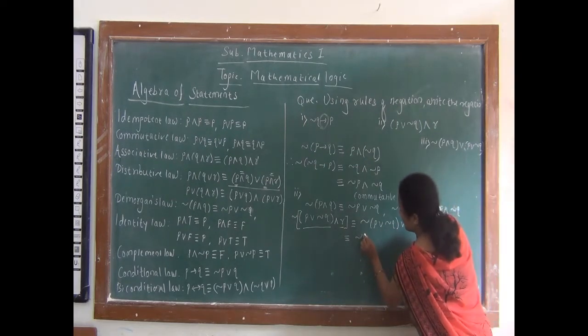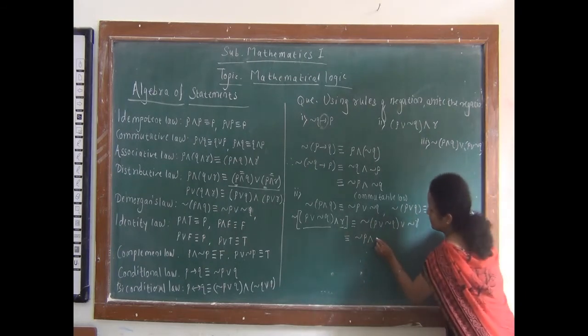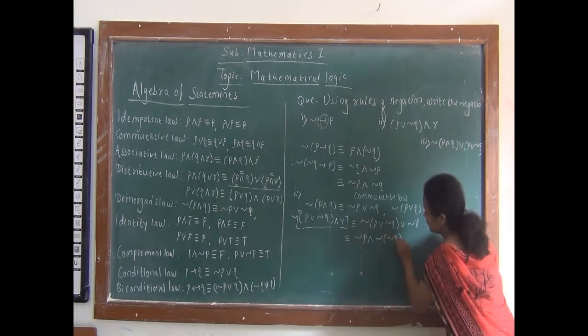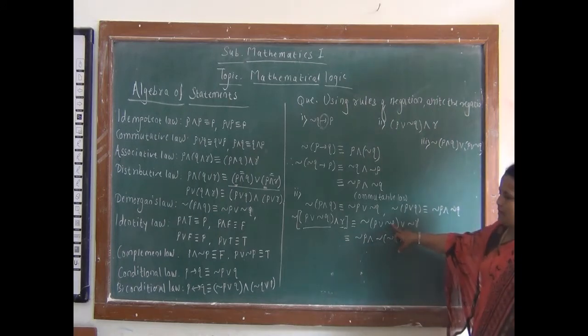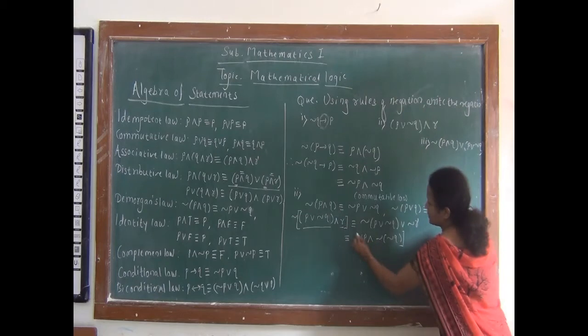So it becomes negation of P, or is replaced by and, negation of negation Q, that is, negation of the second statement. The second statement is negation Q. So this is the simplification for this negation.